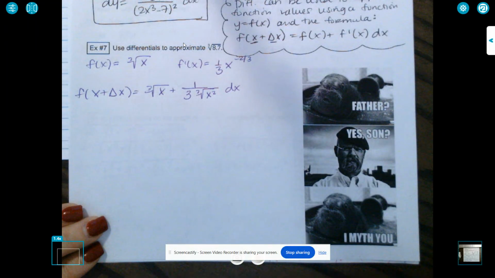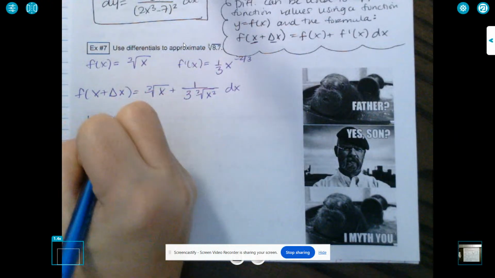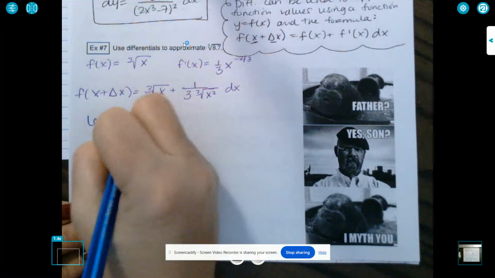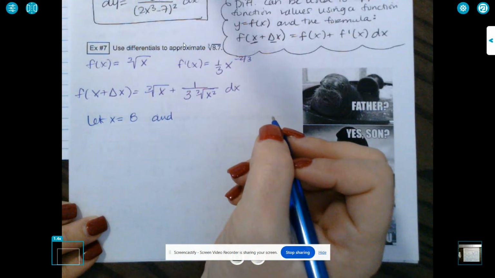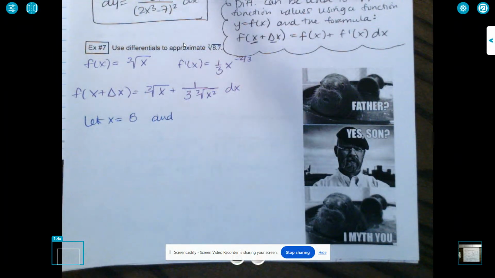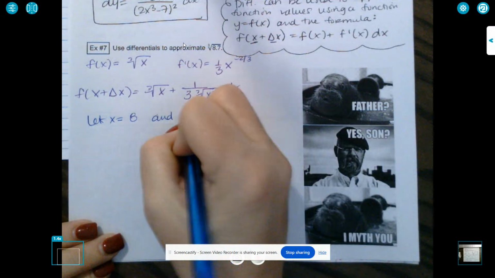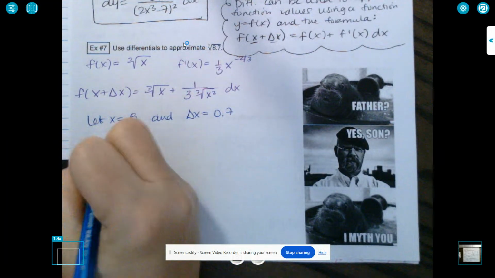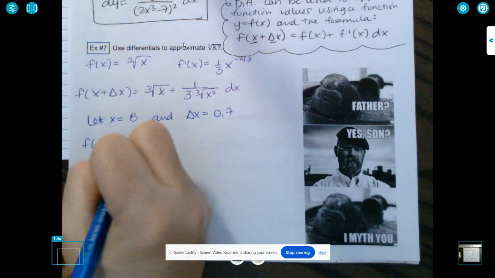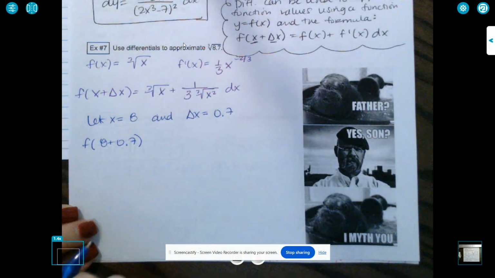Now, we're going to let x equal 8. And delta x is going to equal 0.7. So it's going to be f of 8 plus 0.7, which is what we have under our radical here.